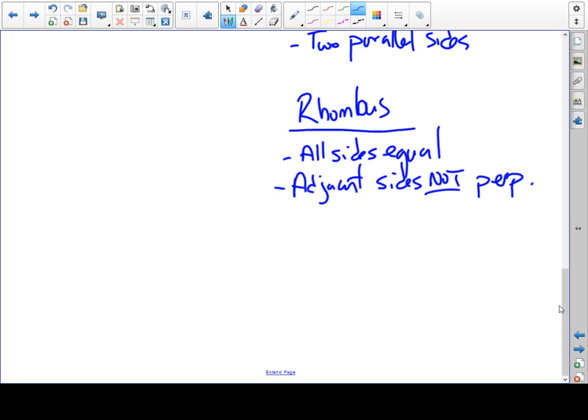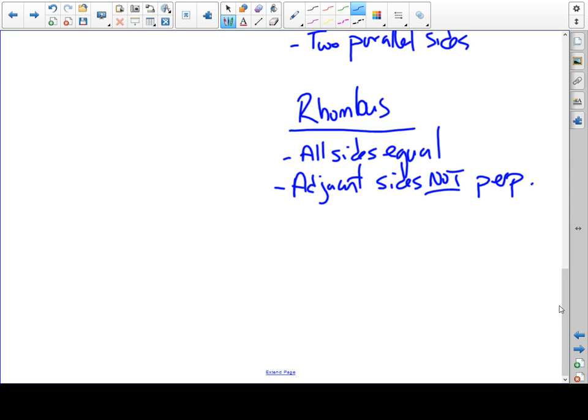Okay. So those are five of the very most common quadrilaterals and what defines them as such. Now what we're going to do, once we've finished writing that down, is figure out what the four distances are and the four slopes are.